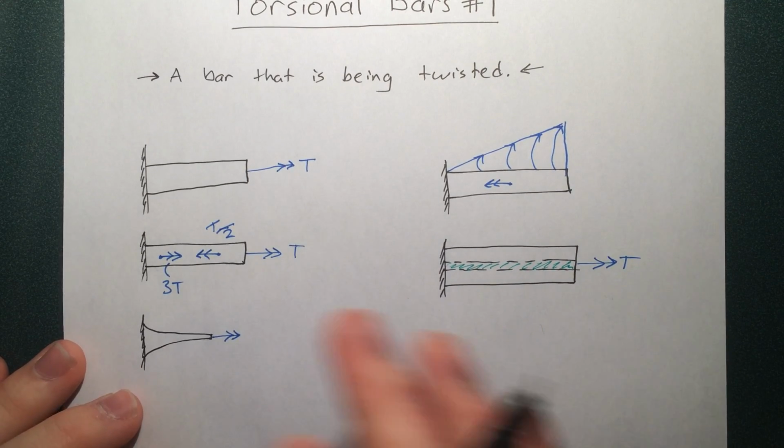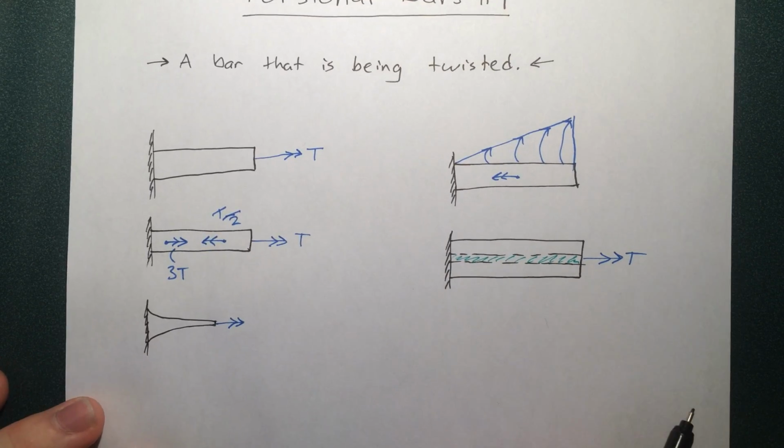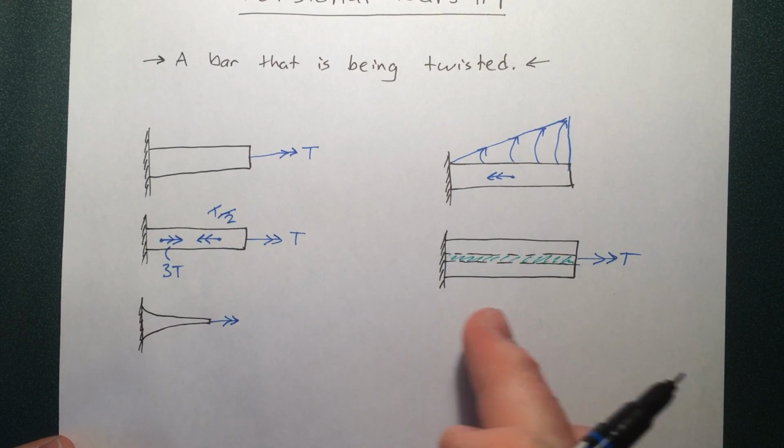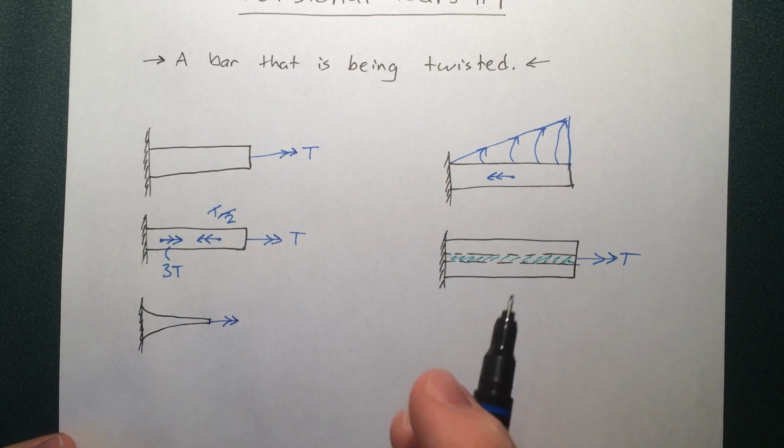Alright, so you can pretty well imagine any combination of these. Notice again that we had axial bars that had all of these same sort of conditions. Now we're just applying torques to them instead of forces.